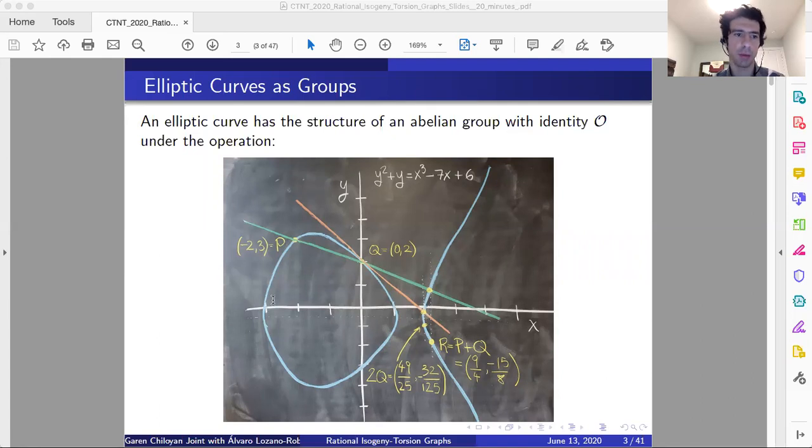Drawing a vertical line through this third point, the vertical line intersects the curve at a second point, which is P plus Q. To add points that are equal to each other, let's say if we want to find 2Q, instead of drawing a secant line, let's draw a line tangent to E at Q, drawn here in red, and repeat the process above by finding the third point, etc. This operation makes E into an abelian group.